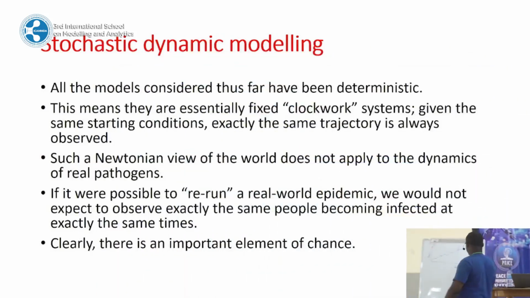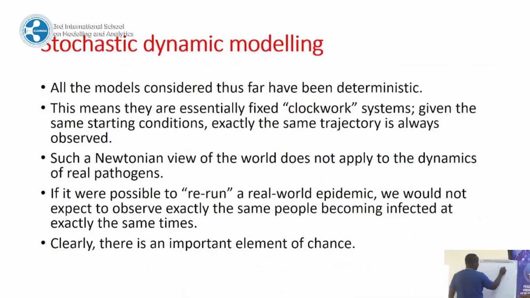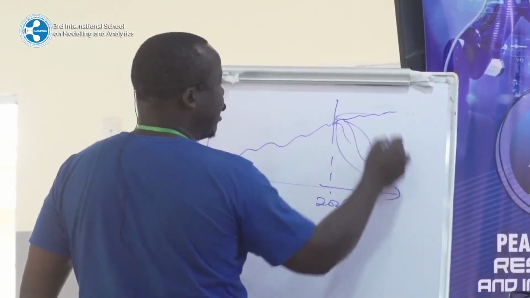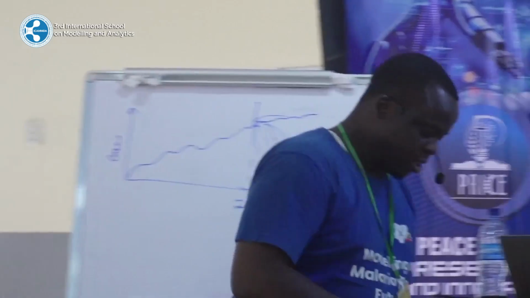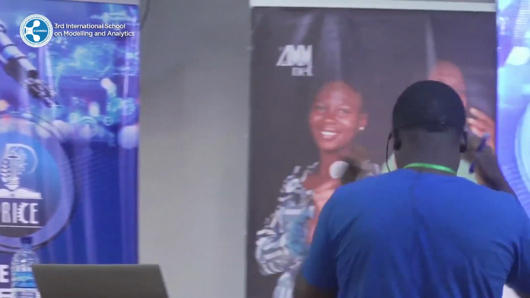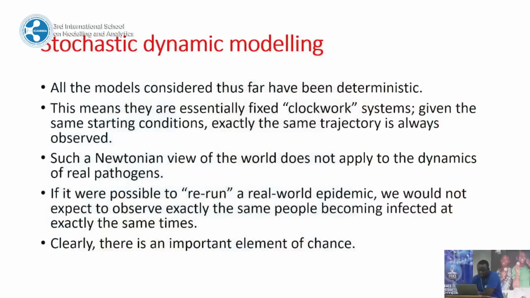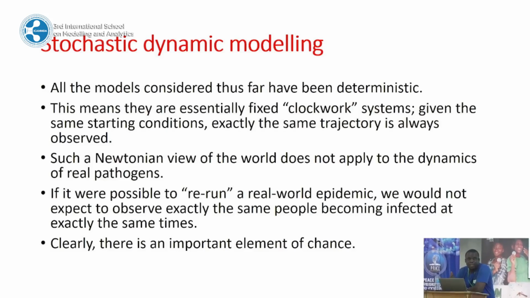But a stochastic model gives you different kinds of observations. It gives you more than one, and you get many intervals for your prediction, just like the one I showed last week. If it were possible to rerun a real world epidemic, you would not expect to observe exactly the same people becoming infected at exactly the same time.